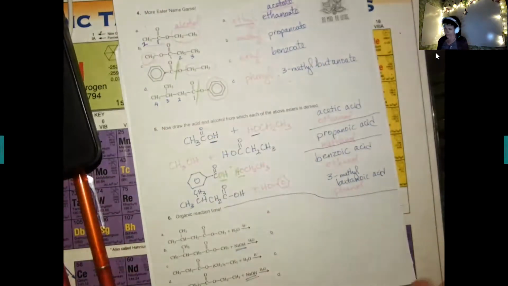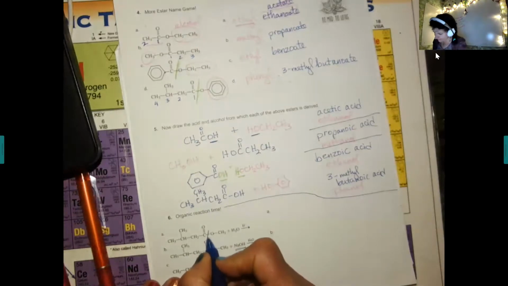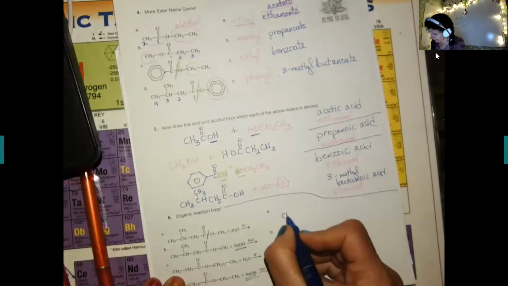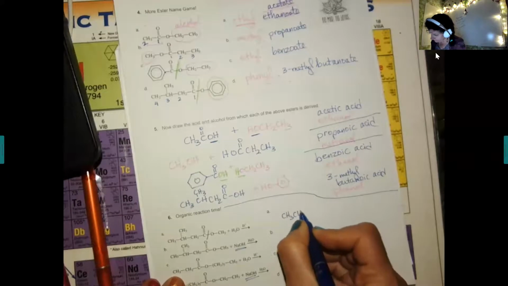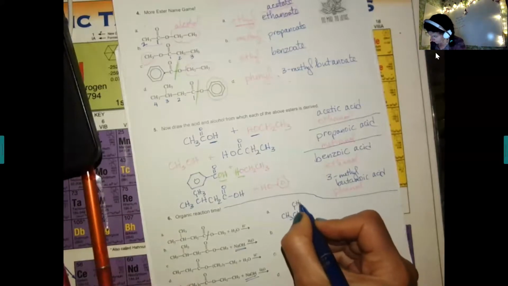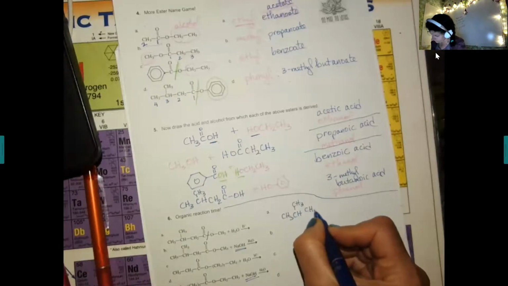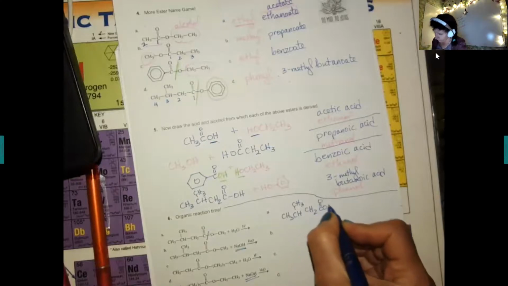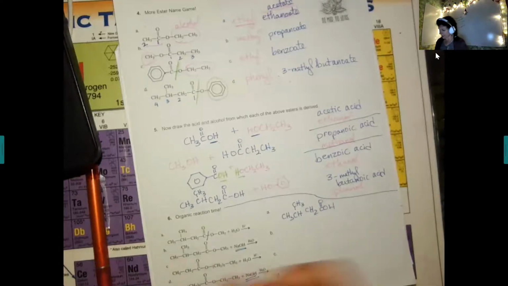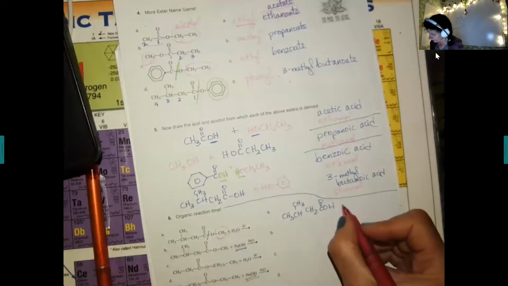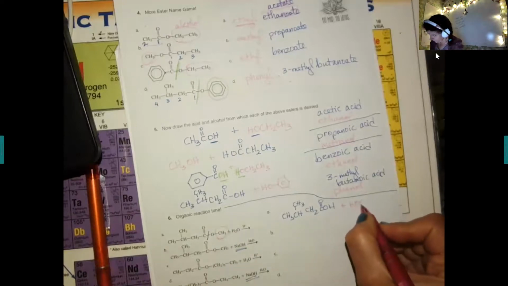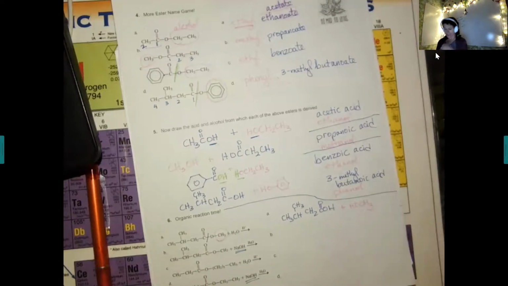This was the product, but it's the same idea. So we're going to cut on A, we're just cutting it. So our acid, and then the alcohol is just the methanol. And yeah, it's just straight water.